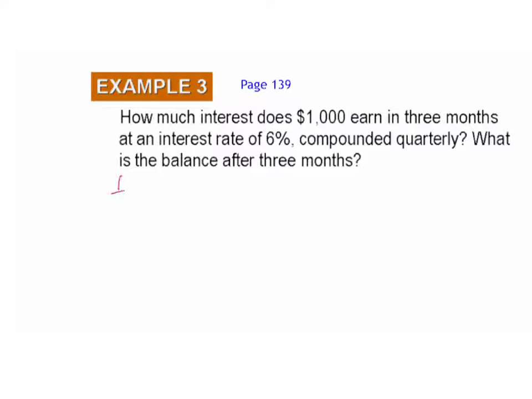It's I equals PRT. Our principal is $1,000. Our rate is 6% as a decimal, which is 0.06. And the time is 3 months. There are 12 months in a year, so 3 months are 0.25 of a year.